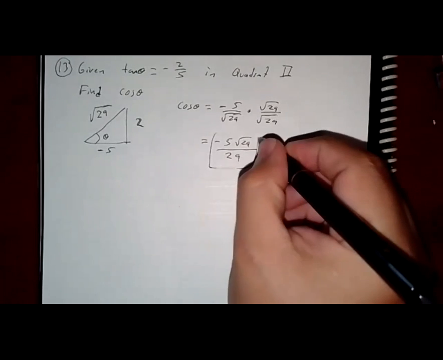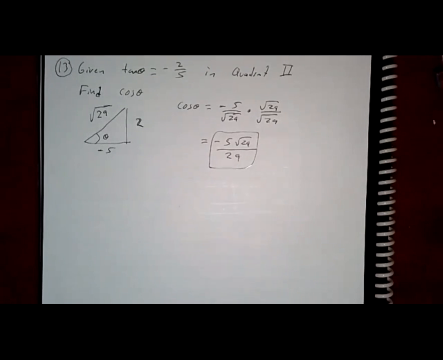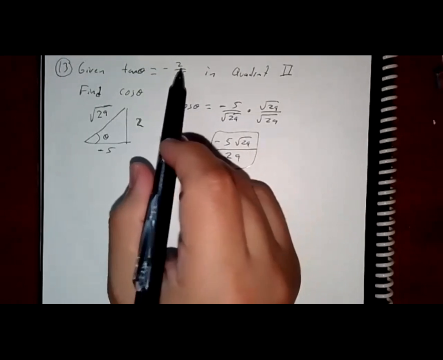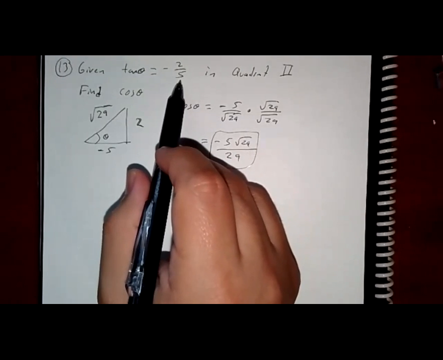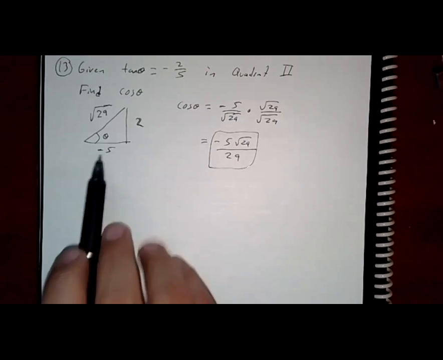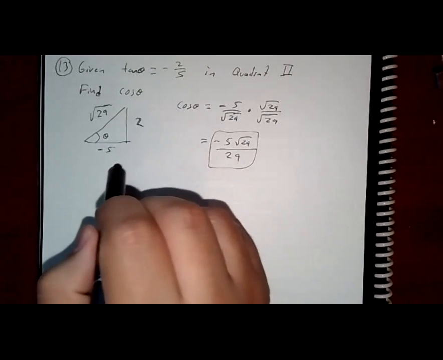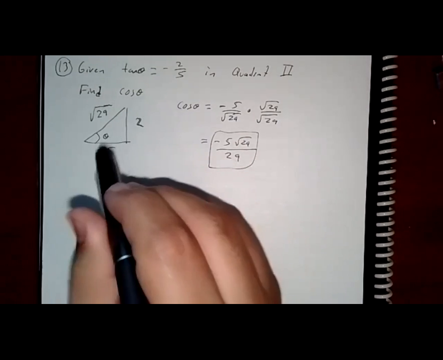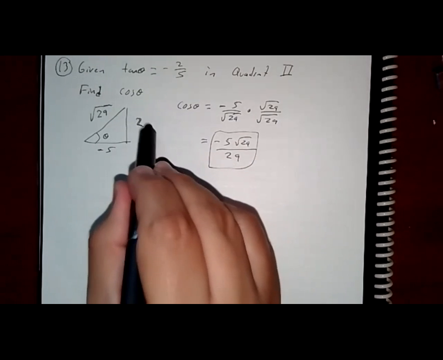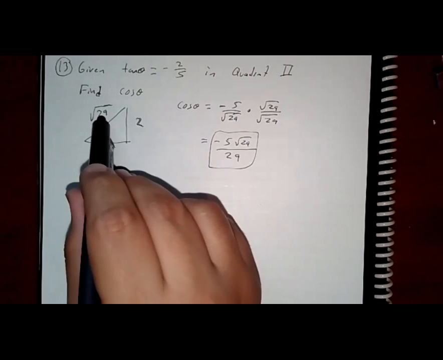Any of these steps not make sense? Go over them a little bit slower, sir. Yeah, so remember the tangent is opposite over adjacent, right? So the x part, the adjacent part, is going to be negative. Opposite is going to be positive. Solve for hypotenuse using a squared plus b squared equal to c squared.